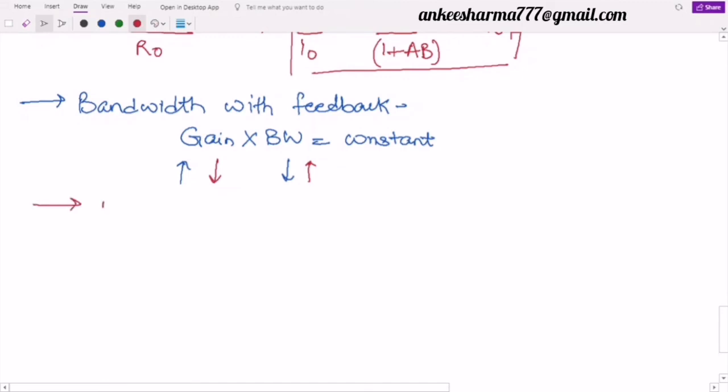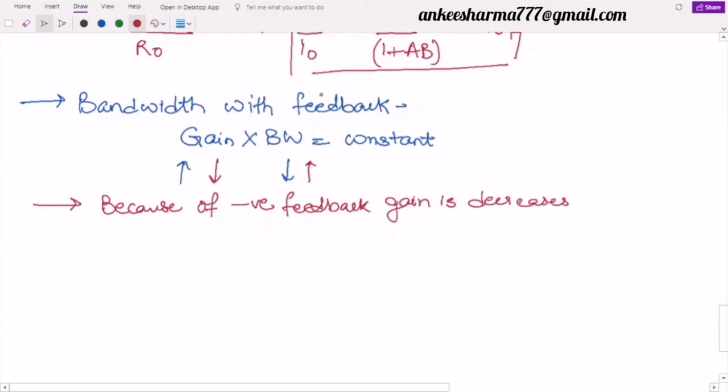Right, here, because of negative feedback, gain is decreased by a factor of 1 plus AB.